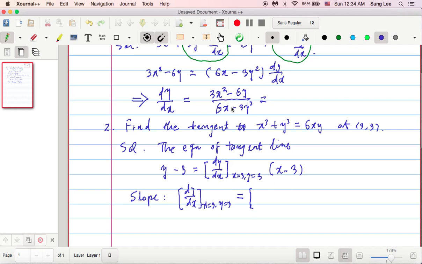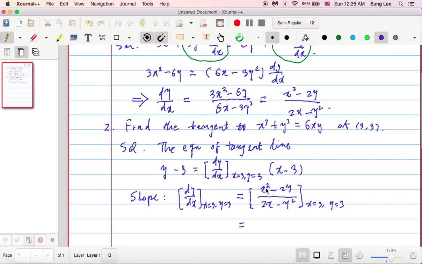So if you divide the top and bottom by 3, we have x squared minus 2y all over 2x minus y squared. Okay, that's better. And then we are going to evaluate this at x equals 3, y equals 3.